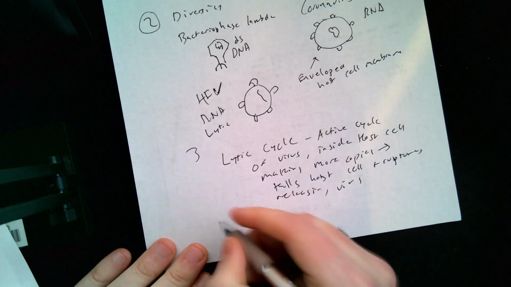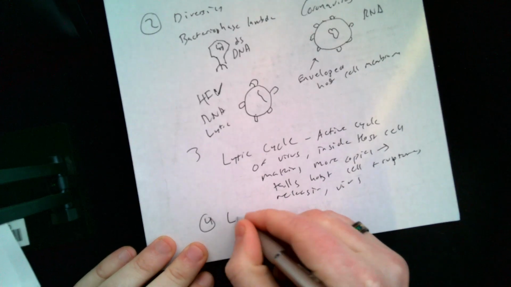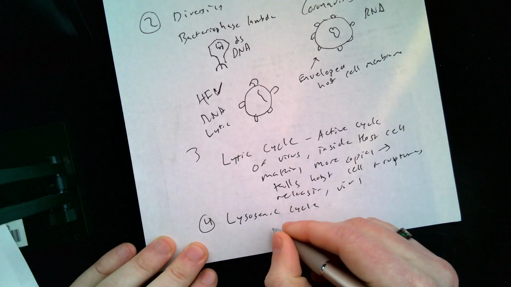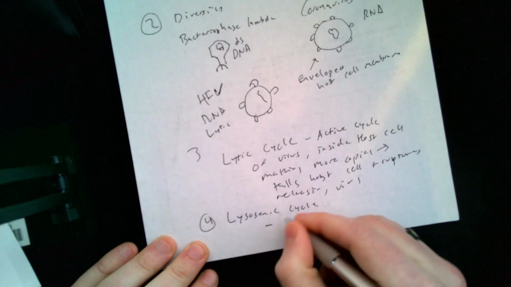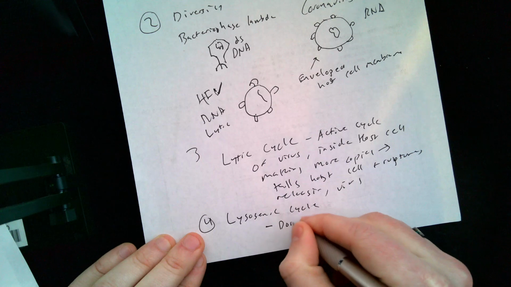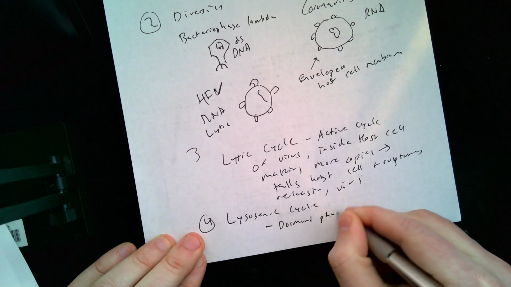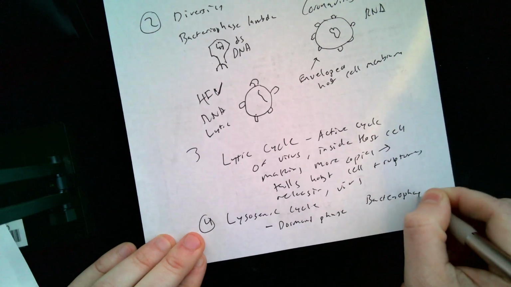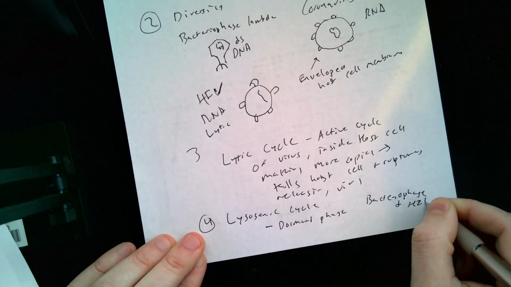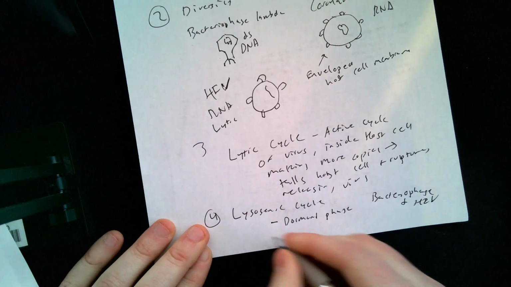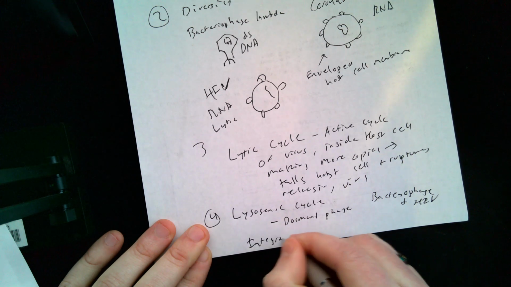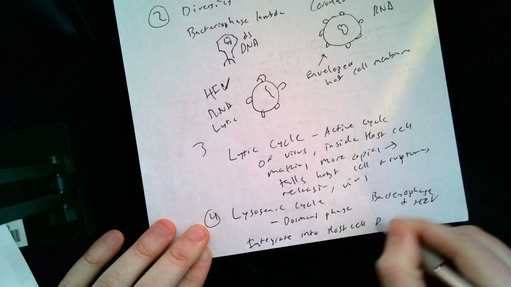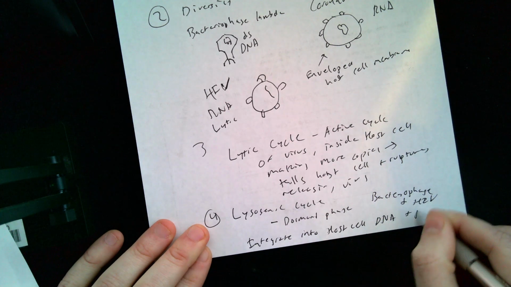Standard 4 is about the lysogenic cycle. The lysogenic cycle is different. This is like a dormant phase, or like a hiding phase. What it does, and this happens with the bacteriophage as well as with HIV, is it will actually integrate into host cell DNA and replicate that way.